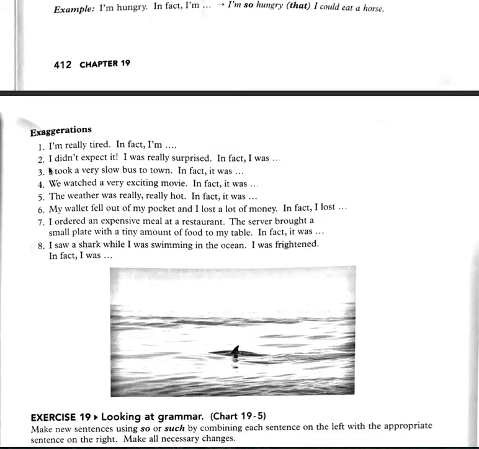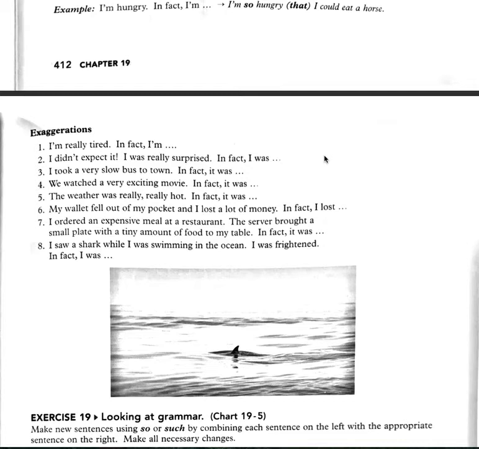Okay? Number 2. I didn't expect it. I was really surprised. In fact, I was so surprised that I fainted. Or, in fact, I was so surprised that my hair stood up on my head. Okay?